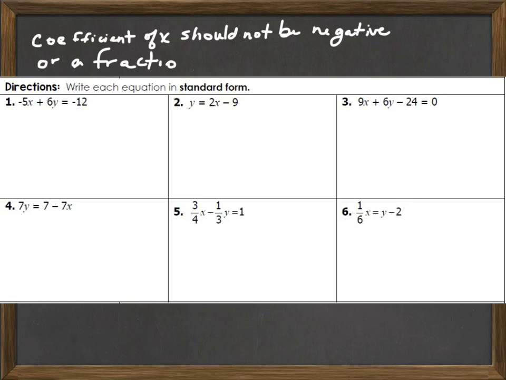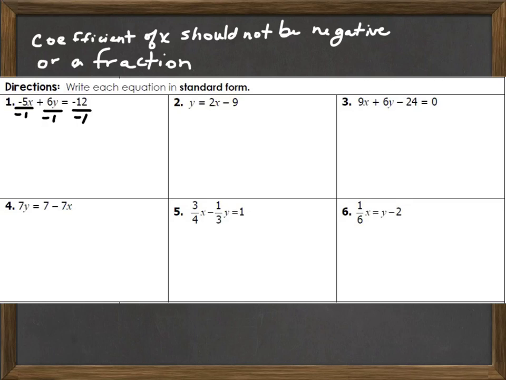You want to change it to a positive, and you want to clear the fraction if there's a fraction. So we look, and the 5 is obviously negative, so we're going to divide everything by -1 in this first problem, so that the x becomes positive.